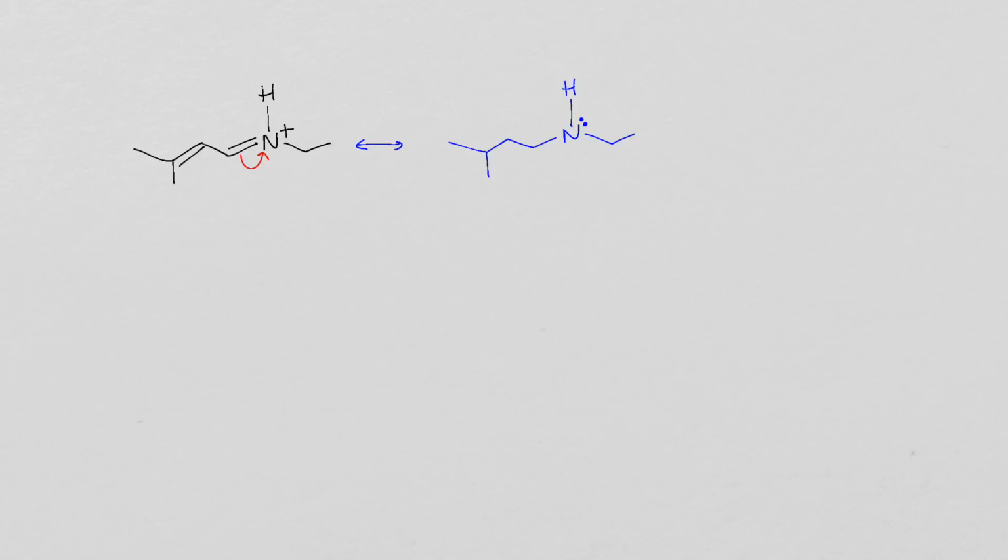So nitrogen's been taken care of. Remember then, this carbon that originally had another bond to it now gets a positive charge. And remember that we started with a double bond between this methyl substituent down here, or this line, and this line, right? So we're going to put the double bond here.